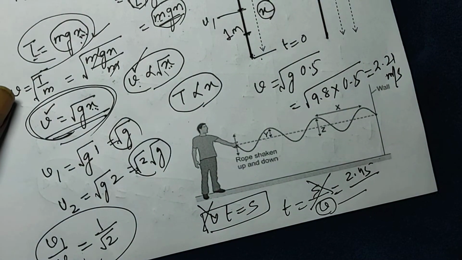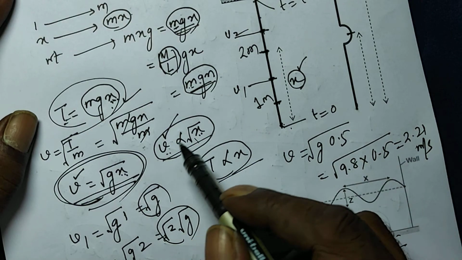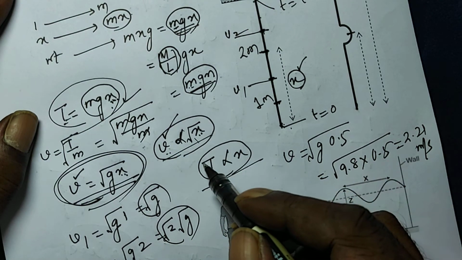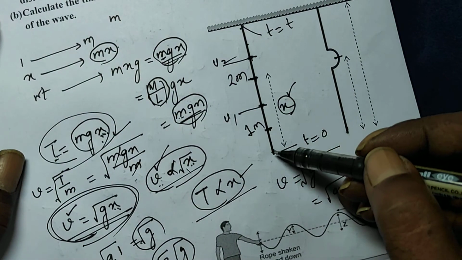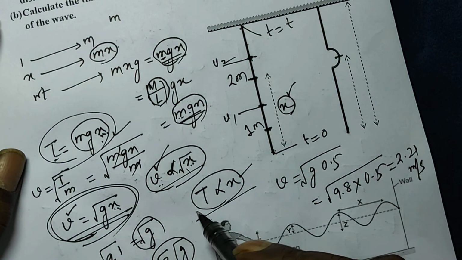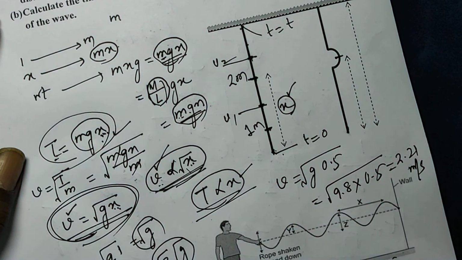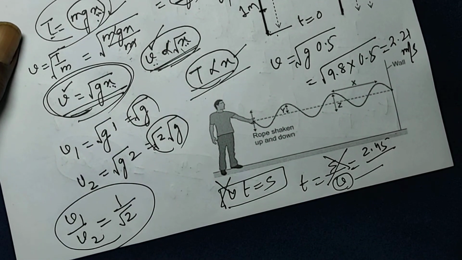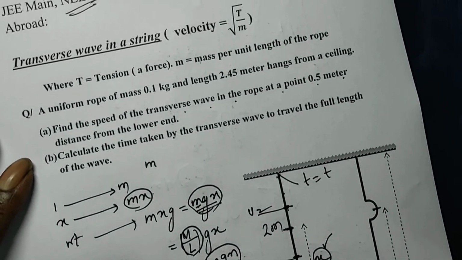What you have to be careful about is these two expressions. Velocity is proportional to square root of x and tension is proportional to just x. Means as you move up, tension varies like this, and the velocity varies like this. I hope it's clear to you now.